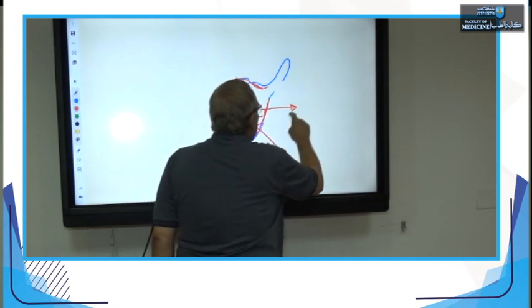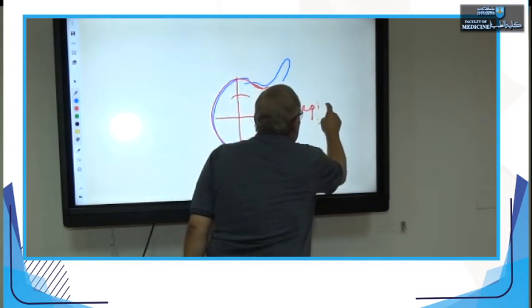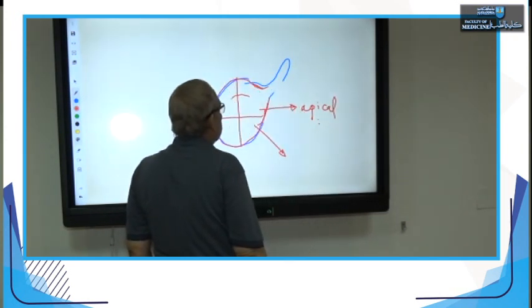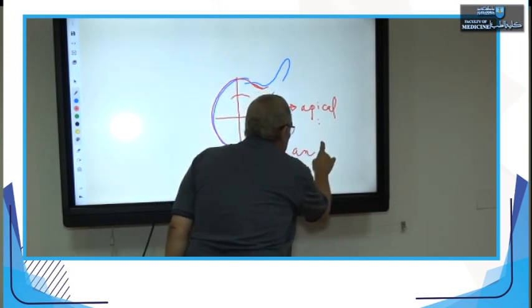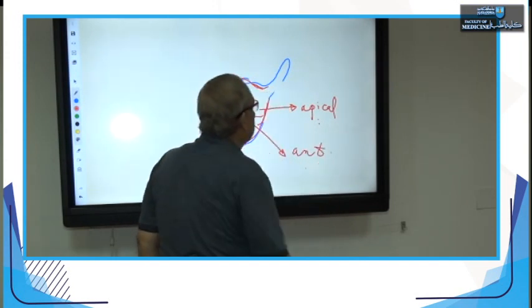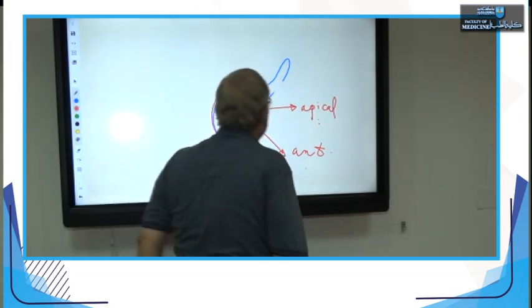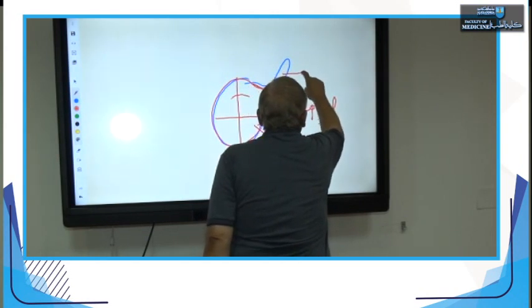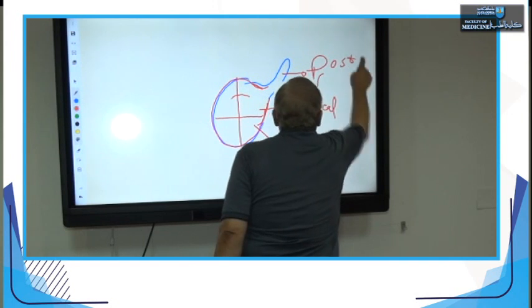The upper lateral quadrant will drain to the apical axillary lymph nodes. The lower lateral will drain to the anterior axillary lymph nodes. And the tail will drain to the posterior axillary nodes.